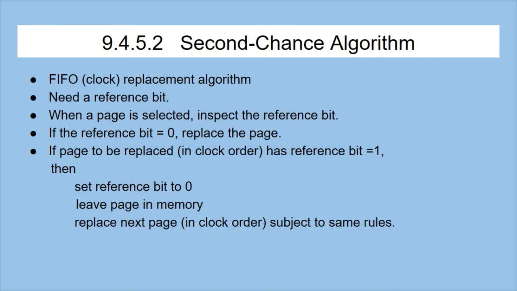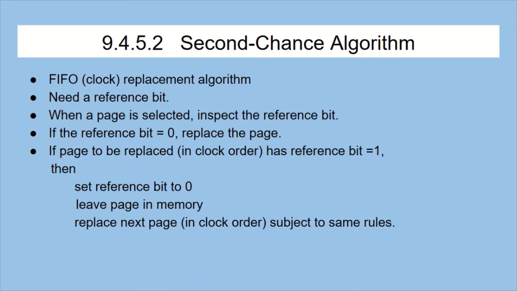So this algorithm is the second chance algorithm. So same lang gyapon isa sa FIFO replacement, nagamit sa reference bit. So ang nakalainan niya dani kay tagaan siya og second chance nga pag-access ato. So if the reference bit is 0, replace the page.